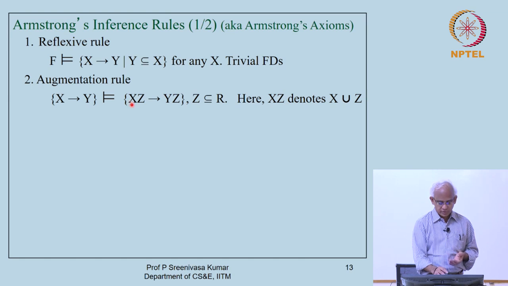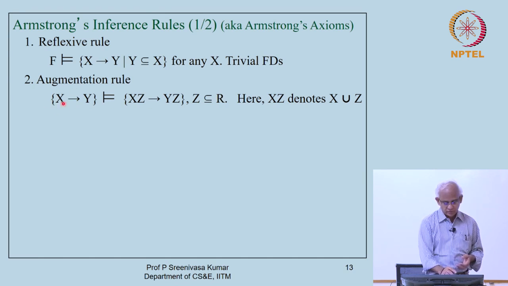We write this as XZ determines YZ, where Z is some set of attributes from R. We use this notational convenience: instead of writing X union Z, we simply write XZ. In our context of schemas, it makes sense because we are just going to write these additional attributes concatenated with the old attributes. So, XZ determines YZ for some Z which is a subset of R.